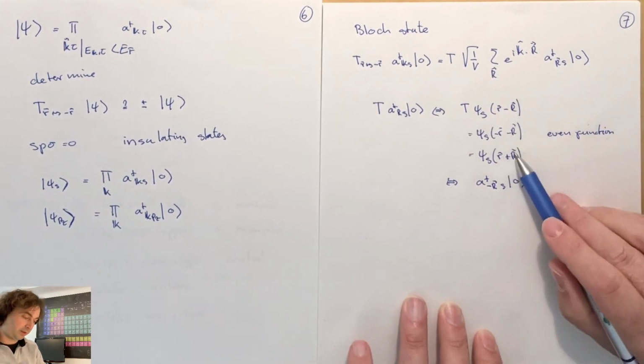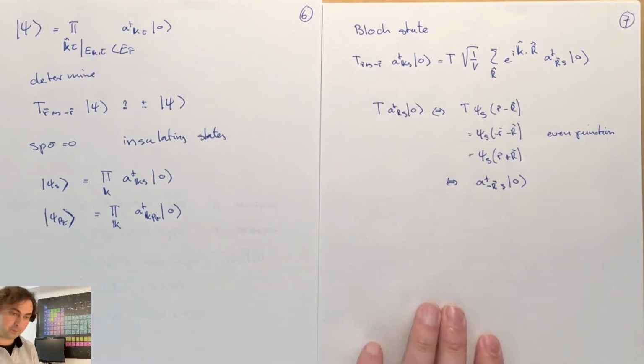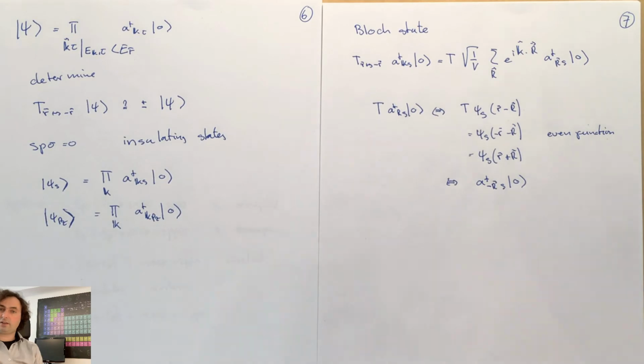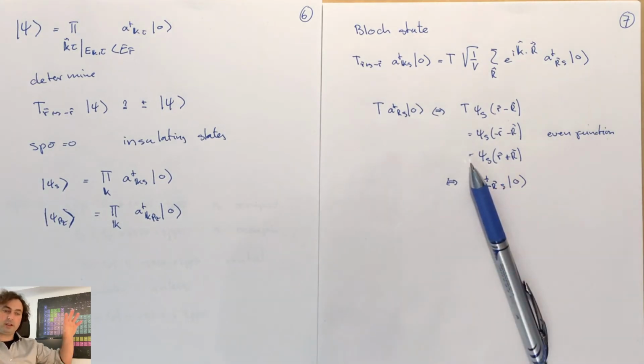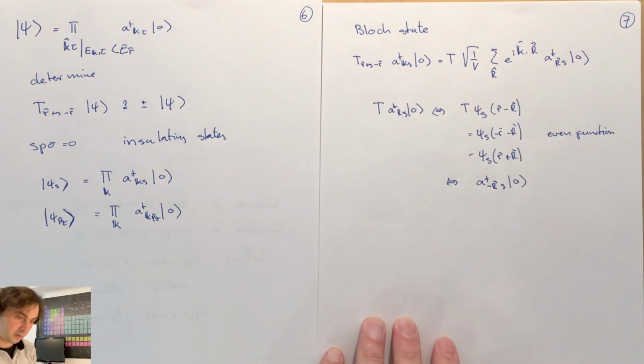We changed minus r to plus r, so it's the capital R that is changing sign. So if I have a lattice and I do an inversion around the origin, my local orbital is centered around site R. After inversion, it's centered around site minus R. So that makes a lot of sense. And the s wave function is even, so otherwise nothing happens.